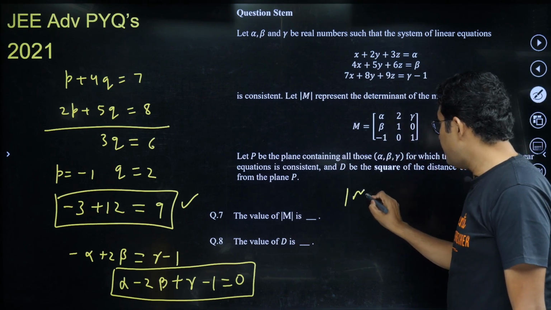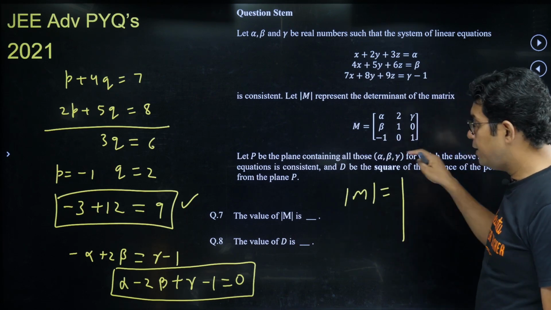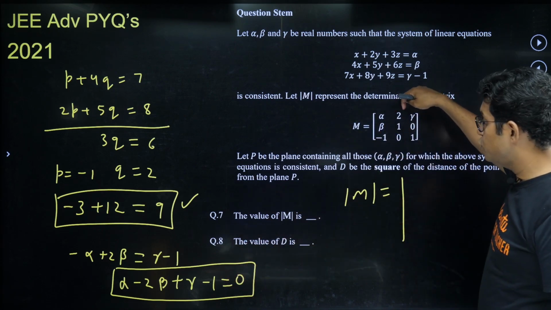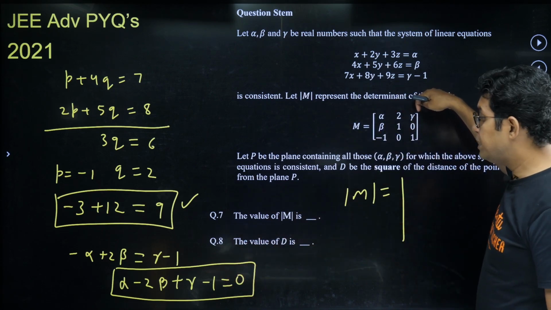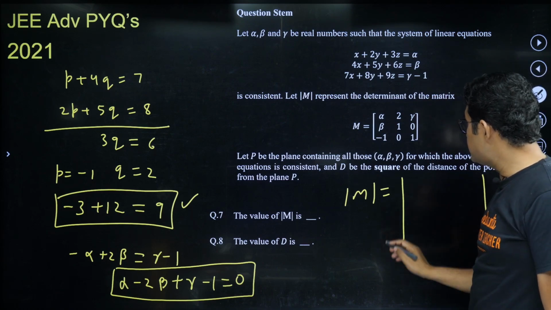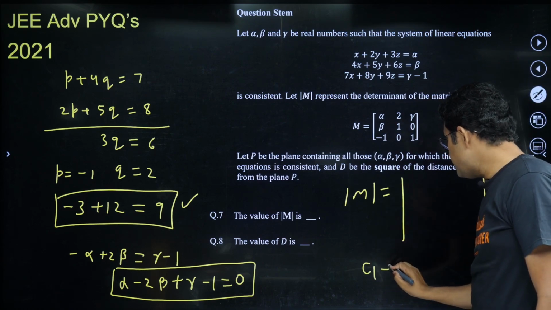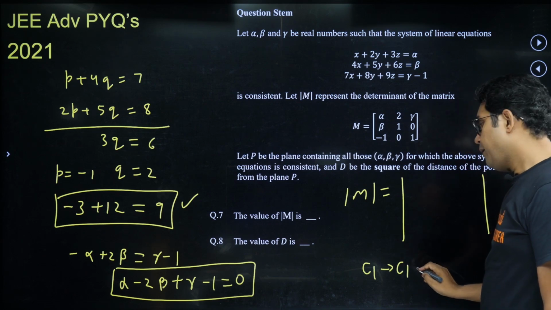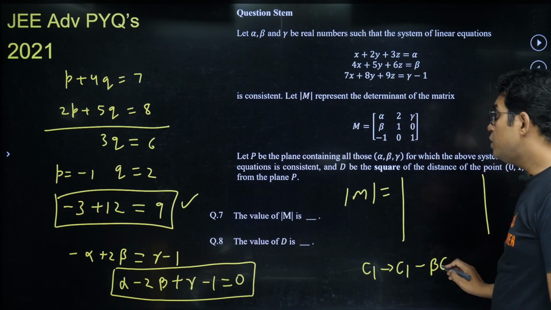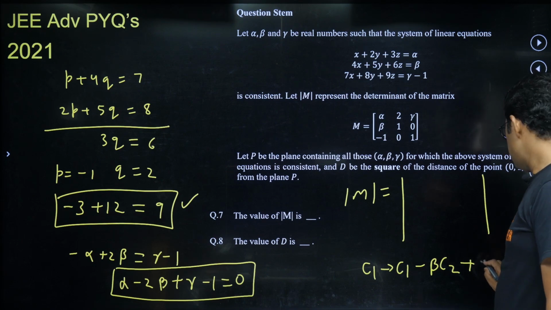For this M, you can observe a certain thing going with this relation, alpha minus 2 beta plus gamma. Maybe I will use a property. Which property will I be using? Please see. Column 1 I will change to column 1 minus beta times C2 plus C3.